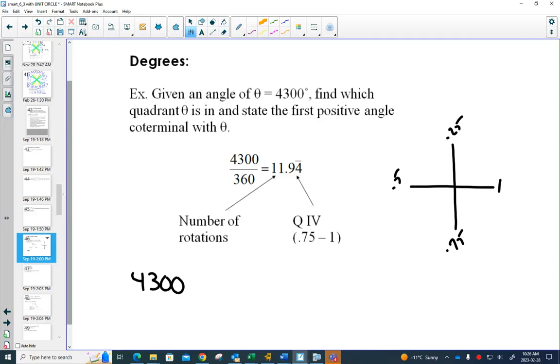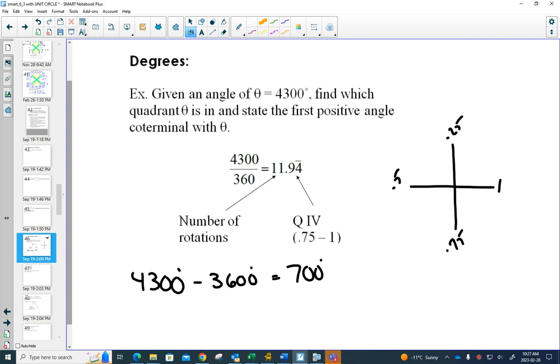Personally, mental math-wise, I think it's easy to subtract 360 degrees 10 times. That's going to leave me with 700 degrees. So 700 degrees is coterminal with 4,300.